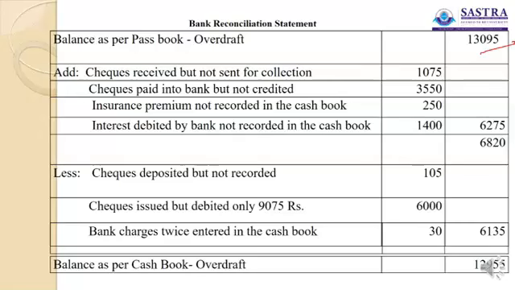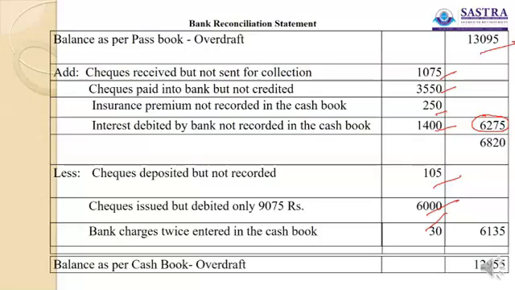The second and third, everywhere you just have a look: 1,075, 13,095, 3,550, and insurance premium is to be added, then bank charges deducted, checks recorded, issued but debited only, so 6,000 rupees difference, and here only 3,550 not entered, added, and interest charges. So all these things are added now.